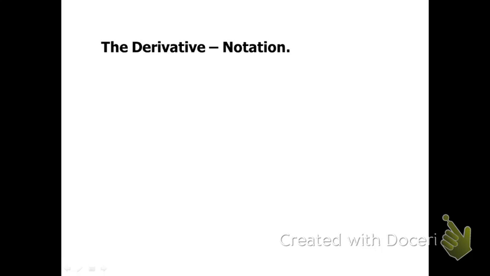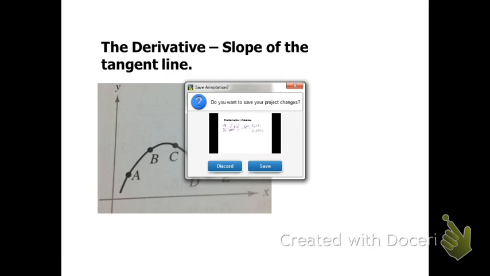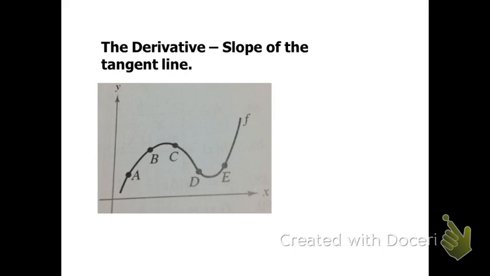We have something like this. There are examples that ask you to find the slope of the tangent line, or they ask you to see where on a curve at some point A, B, C, D, or E the derivative is positive, where the derivative is negative.